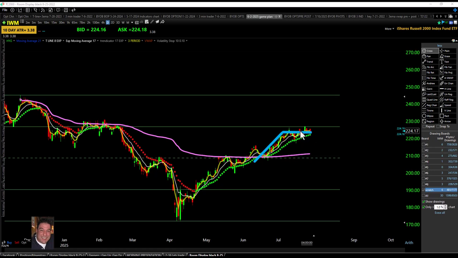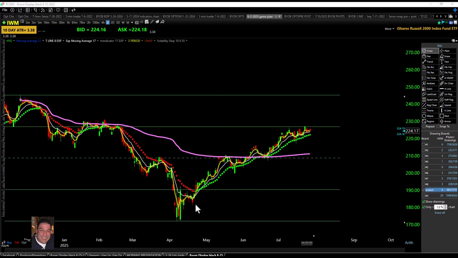It takes an incredible amount of strength. That means it's strong, because you see it planking up there. It's up, and it's holding the higher ground, as opposed to moving up and giving it up. That's just neutral. This is bullish when you get it to move up and hold the higher ground. See how it's not giving it up?